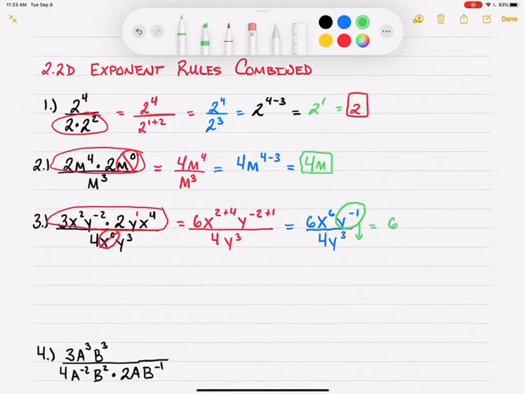This becomes 6x to the 6th divided by 4y to the 3 plus 1 power, because that negative 1 now becomes positive. So I'm left with 6 over 4, which reduces to 3 over 2. X to the 6th, y to the 4th.